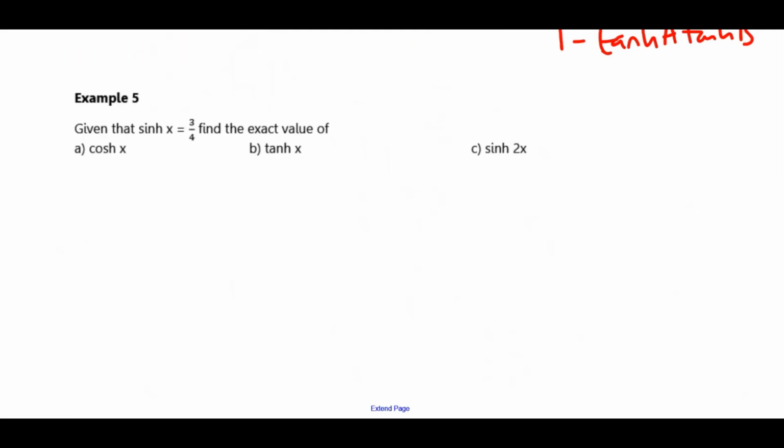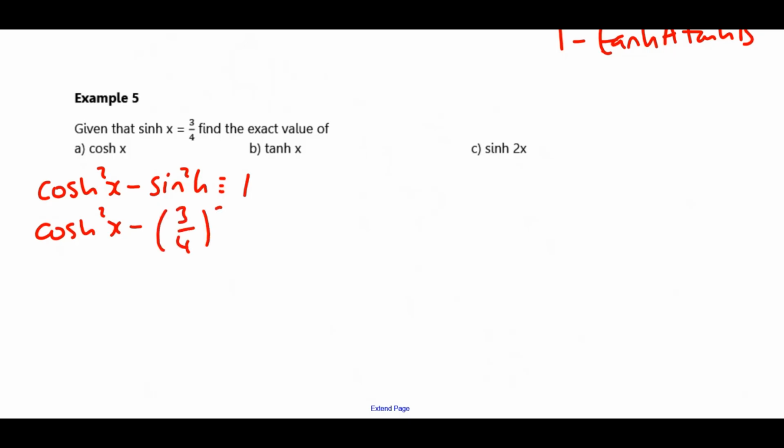We can use identities to come up with exact values as well. So for cosh x, we know sinh x is 3 over 4. Well, we know cosh squared x minus sinh squared x is equal to 1. So if we substitute that in and move it across, that'll give us cosh squared x is 1 plus 9 over 16, which is 25 over 16.